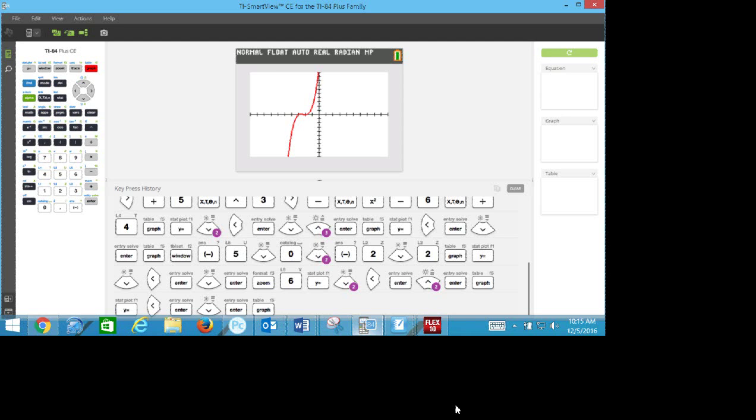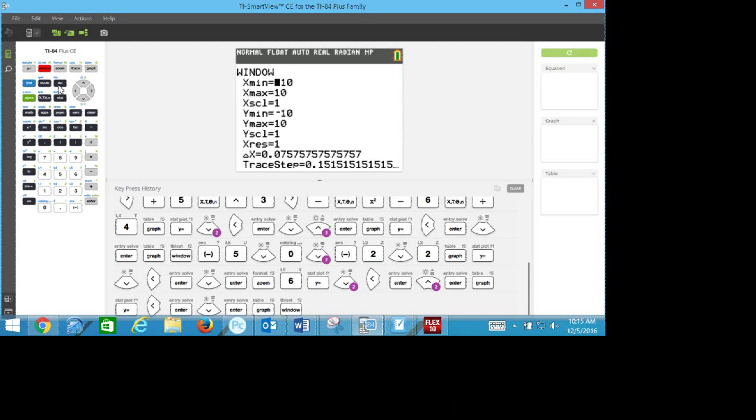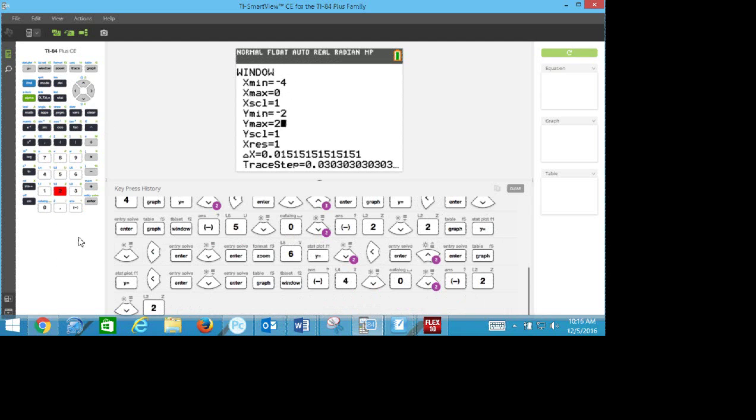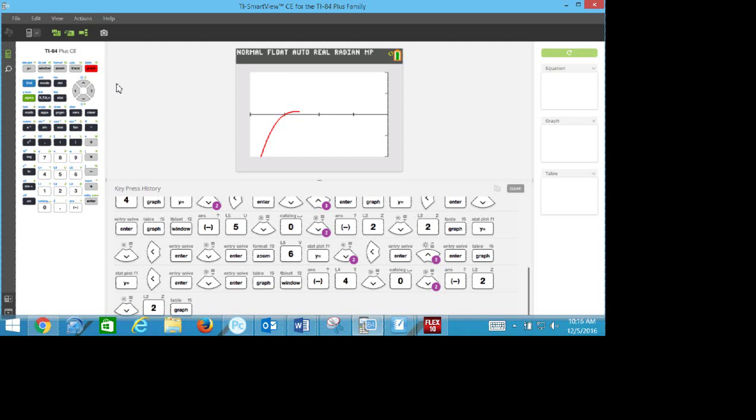Let me zoom in. I'm going to go to Window, and I'm going to change my X minimum to be like -4 to 0, and my Y minimum maybe -2 to +2, just so I can really look at that area of the graph that appears to have the zeros. So it looks like it passes through at -3.